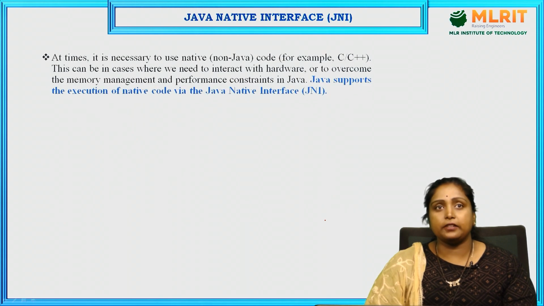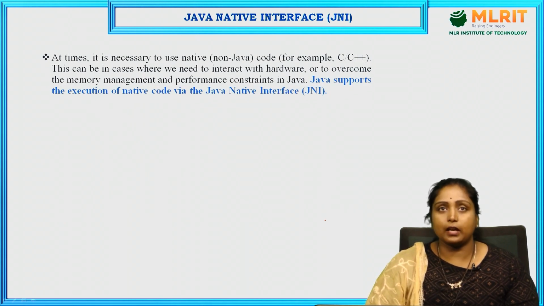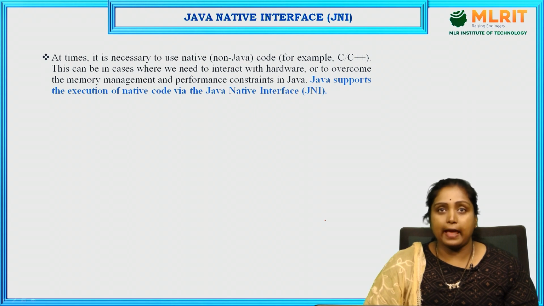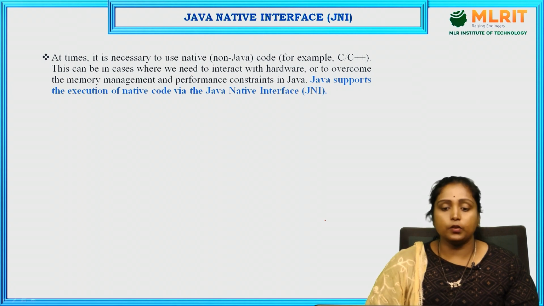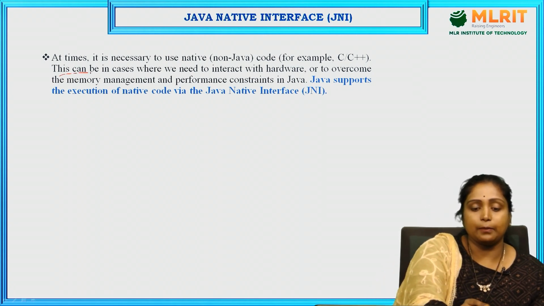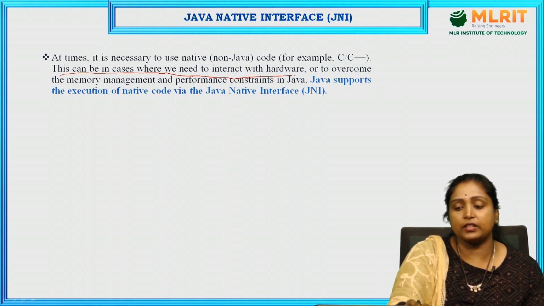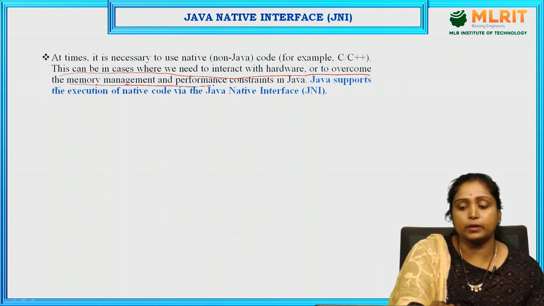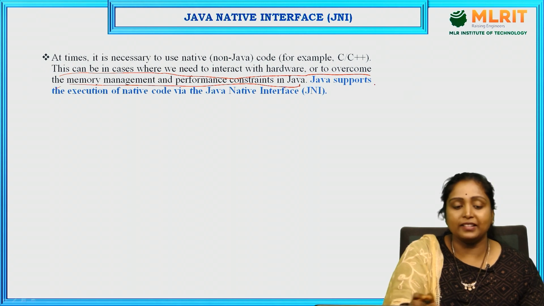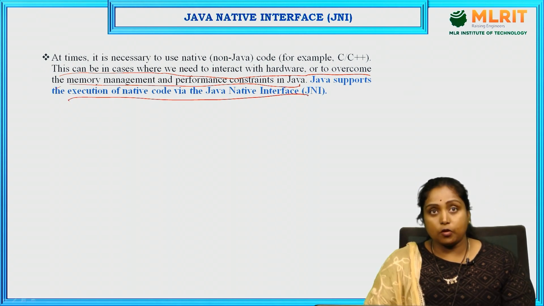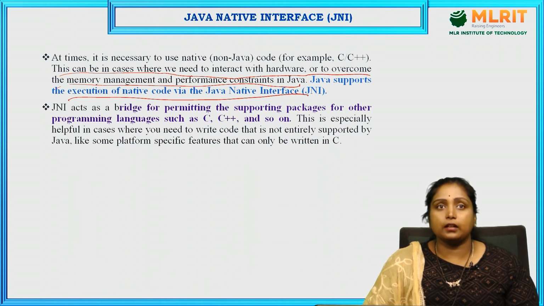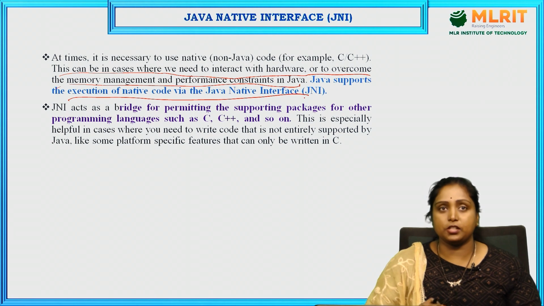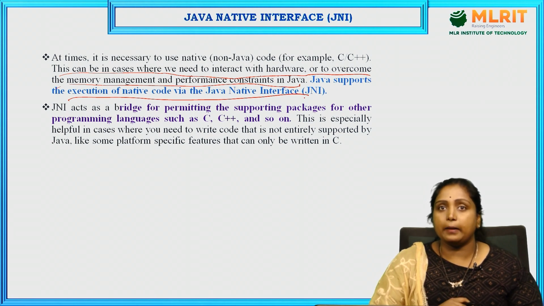Next, the Java Native Interface. Here I already told you before about the native languages, that is, non-Java code. It is used in cases where we need to interact with the hardware or overcome memory management and performance constraints in Java. It supports the execution of native code via the Java Native Interface. JNI acts as a bridge between Java and other programming languages such as C, C++ and so on.